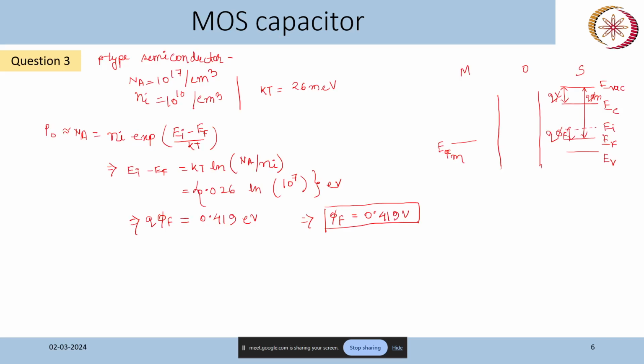Now a few more things I want to discuss. What are these values, like the work function and electron affinity and other values? Let me write down here the semiconductor work function.